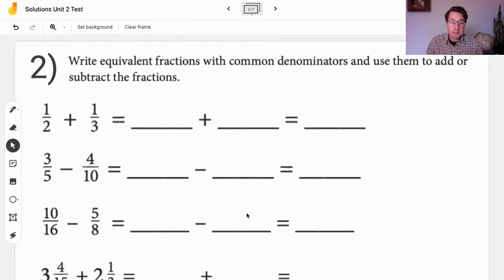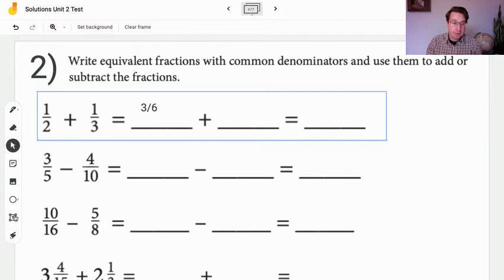All right, let's take a look. So here we go. Now these blank spots will show us our work. What I wanted to see was 3 fractions for each, an equivalent fraction of 1/2, an equivalent fraction of 1/3, and then the solution. So 1/2 and 1/3, 2 and 3, the least common multiple is 6. So 1/2 as 6ths, 2 times 3 is 6. 1 times 3 is 3/6.